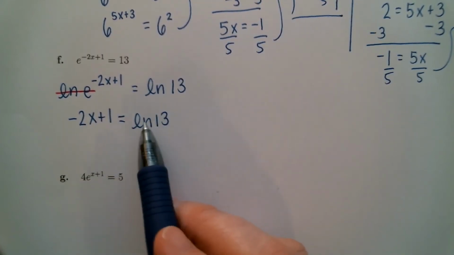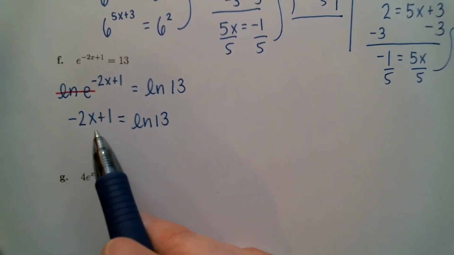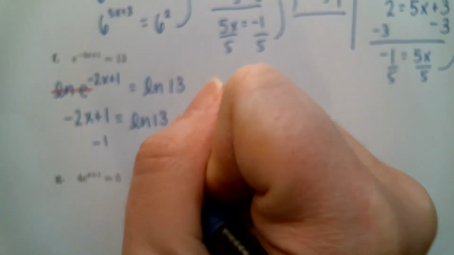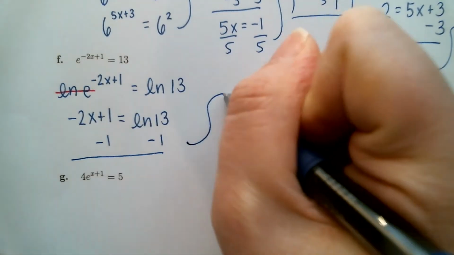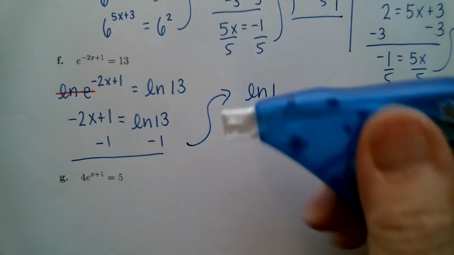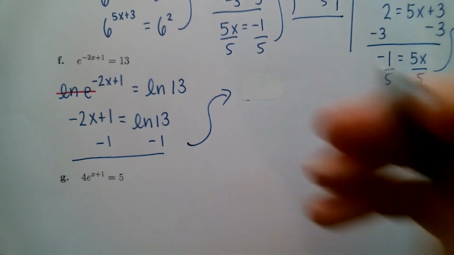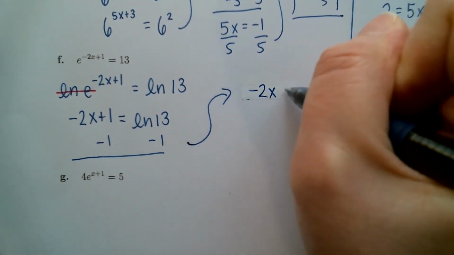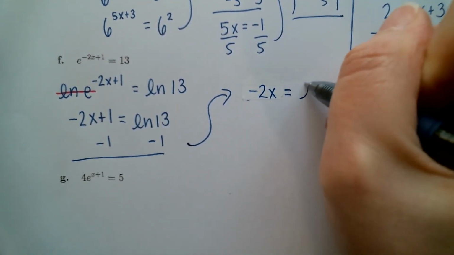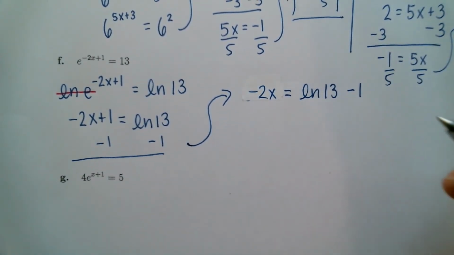So if this is just a number, how would you solve for x? Well, you're going to isolate the x, okay? So you're going to move the 1 over, okay? So we're going to get natural log of, or oops, I forgot the left side. We're going to get negative 2x is equal to natural log of 13, that quantity, minus 1, okay?